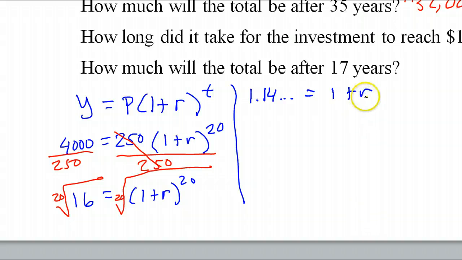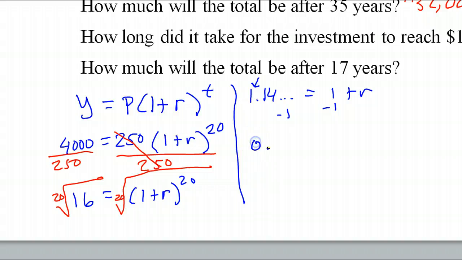What's going to happen next? Well, if I want to get r by itself, then I'm going to subtract 1 from both sides. Minus 1, minus 1. So I'm going to have 1.14 dot dot dot. Actually, you should be able to do this in your head. If I subtract 1, this 1 is going away.